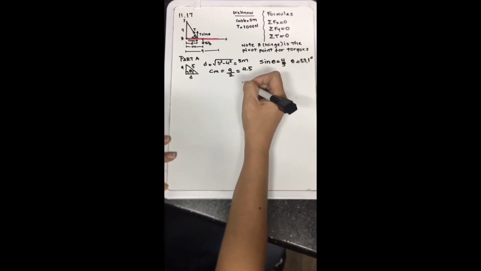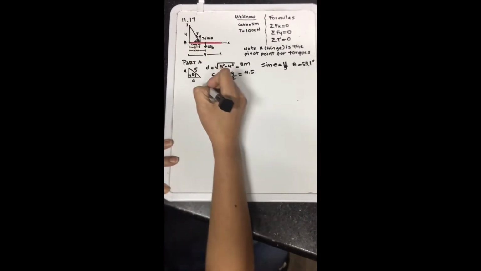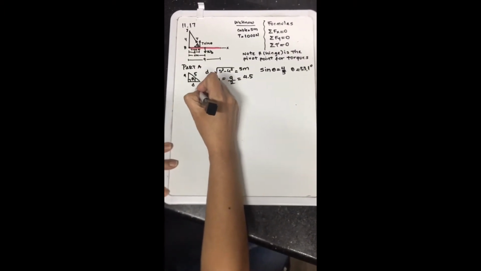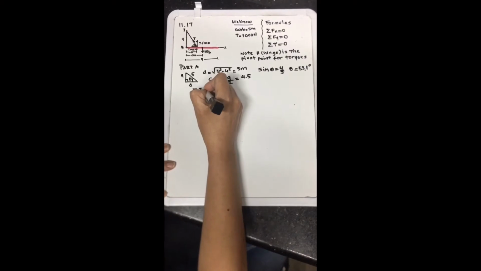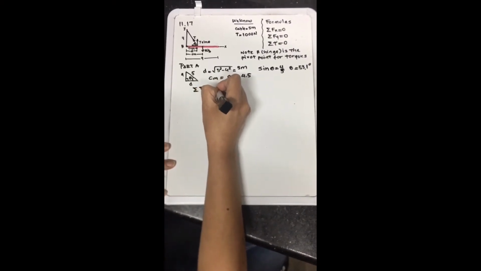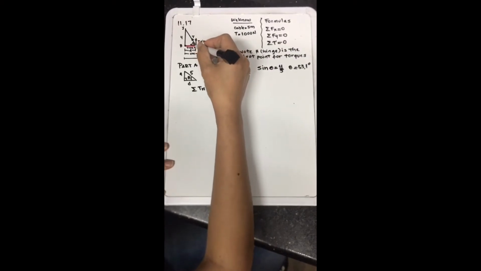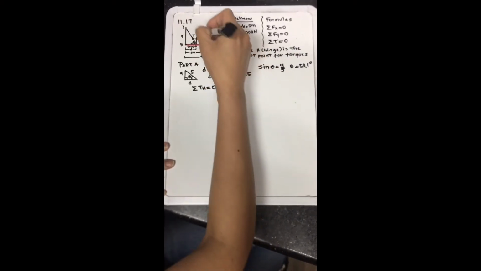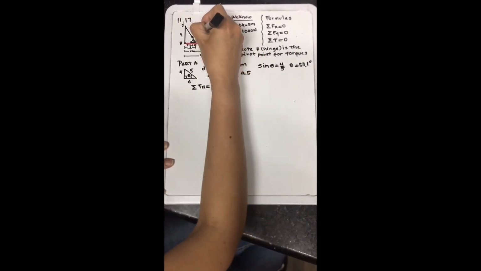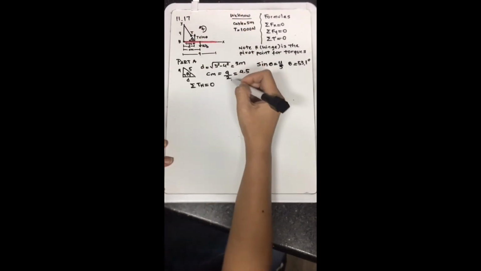Then, as we know the pivot point is H, the sum of the torques on H is equal to 0. The cable makes a counterclockwise torque in this direction, which is the positive direction.